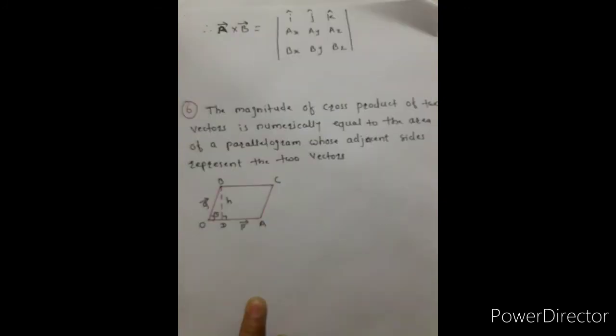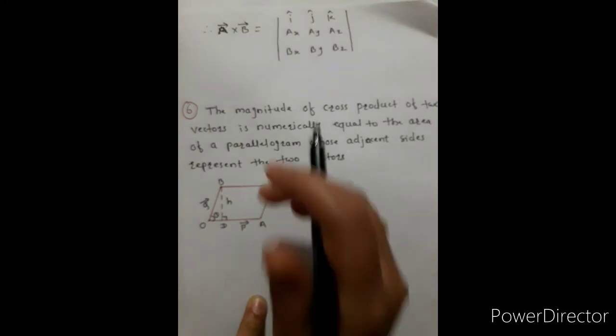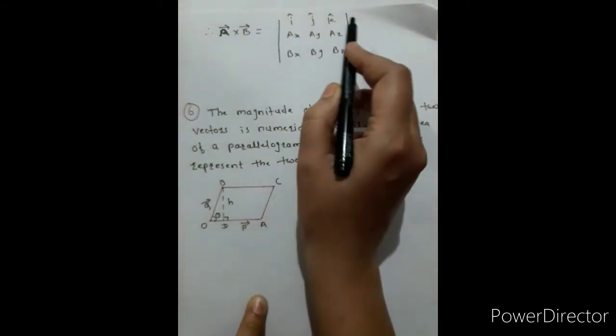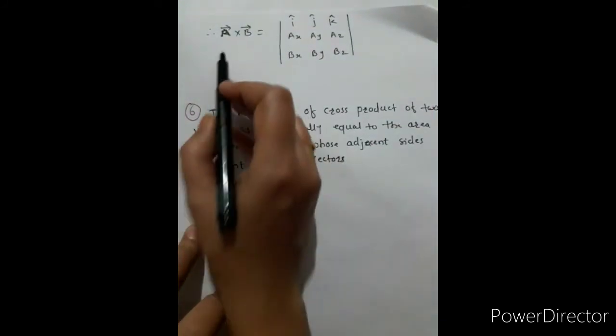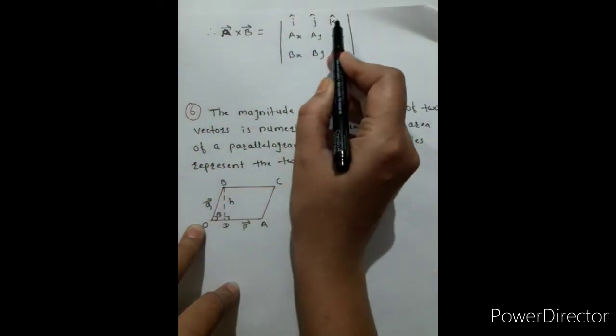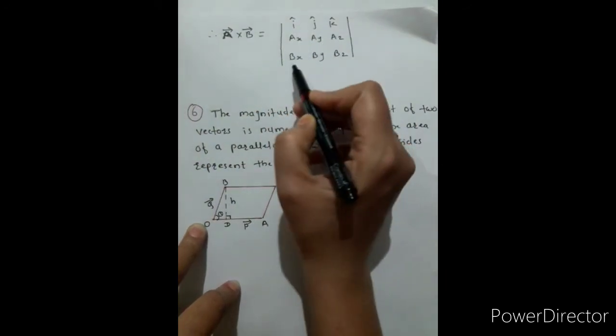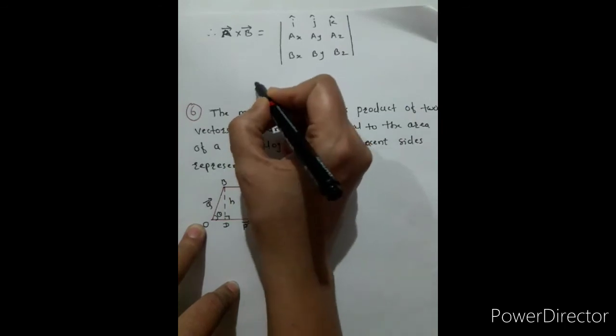Okay, we can also write it in the determinant form, that is a cross b is equal to the determinant with rows i j k, ax ay az, bx by bz.